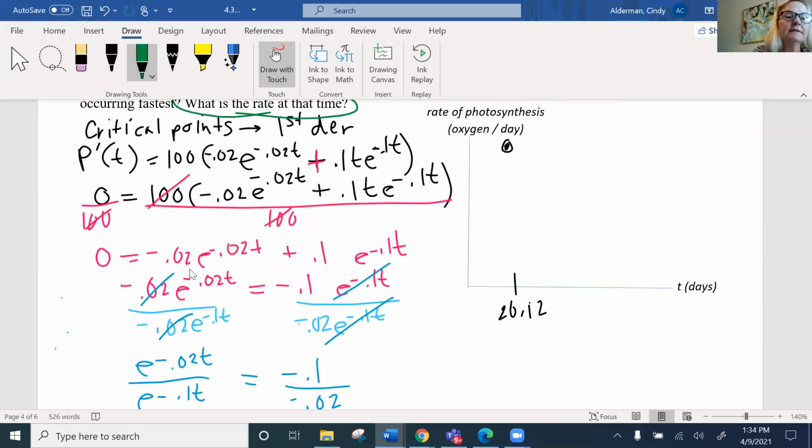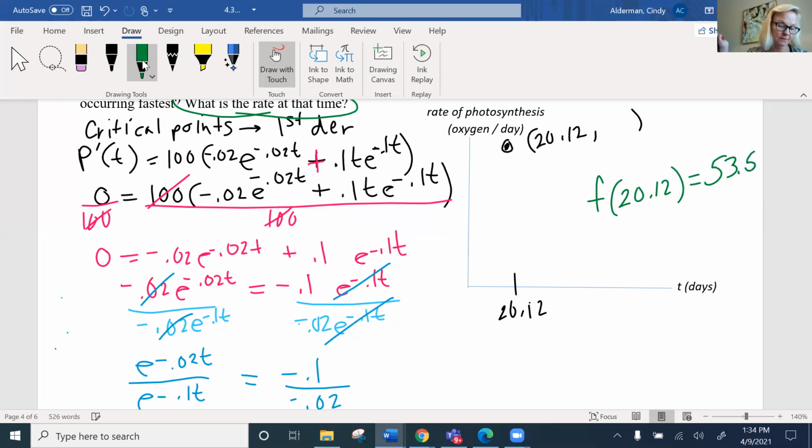So we know that the X value here is 20.12. They want to know the Y value. So what you're going to do is find in the original function, you want to put that time of 20.12 in to get 53.5. So this is the rate.